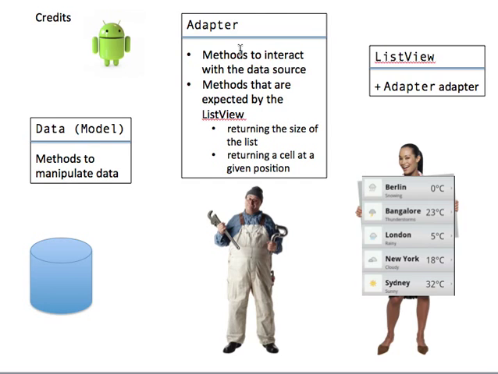The adapter has methods to interact with the data source, methods that are expected by what we call a list view, like returning the size of the list, returning a cell at a given position. And the list view has a member variable called adapter, right? So in your code, you will set the adapter of a list view to the adapter that you implemented, right, that interacts with the data that you have.